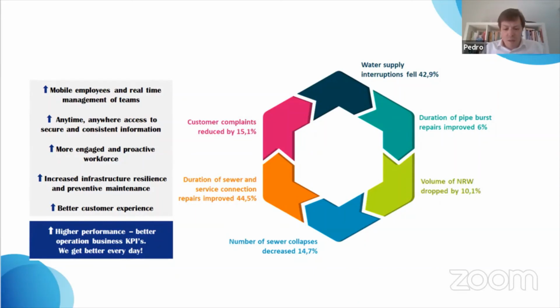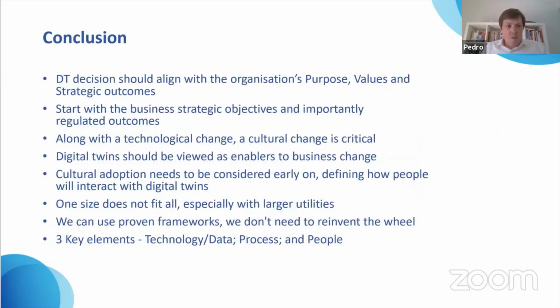So, in conclusion, digital twin decisions should align with organization purpose, values, and strategic outcomes. We should start with the business strategic objectives and, importantly, related outcomes. Along with the technological change, a cultural change is critical.